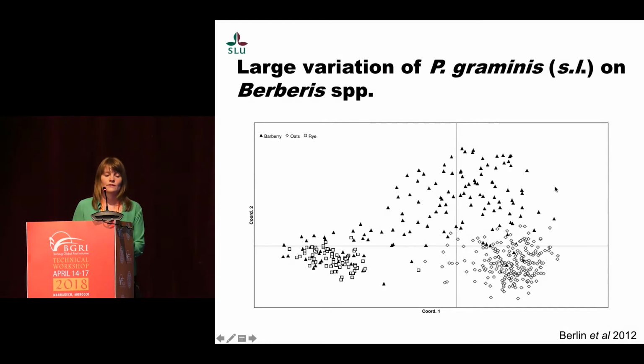You see there is a big diversity on barberry. It's not only individuals that may infect oats or rye in this case, but also a lot of other grasses. Many of us know that about 365 species have been reported as hosts to stem rust, or Puccinia graminis.